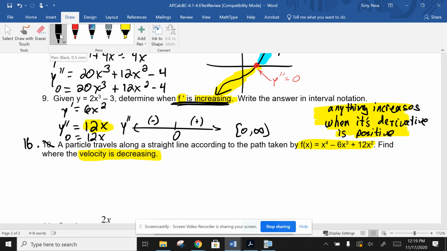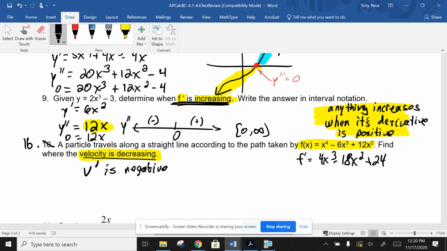Yeah. Thank you. All right, so if our velocity is decreasing, let's first get our velocity. And the velocity is the first derivative. And if that's then what we're trying to figure out, where that is decreasing, then it would be when the velocity's derivative is negative.